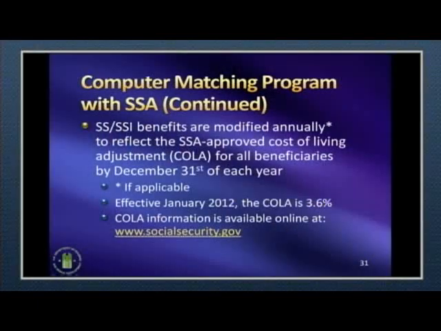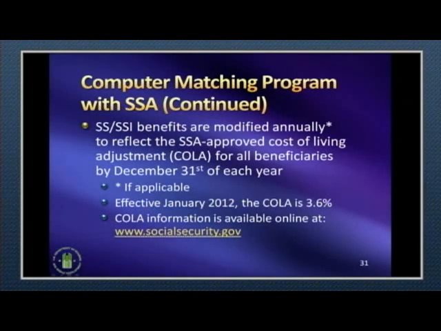Your SS and SSI benefits are modified annually. Now, you all know that, and we talked about this a little bit earlier, but the last couple years there was no cost of living adjustment. I've already been informed that SSA will be updating their databases around November 18th to reflect the 3.6%.